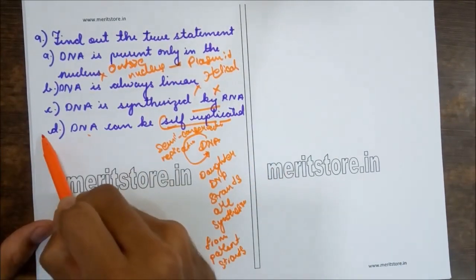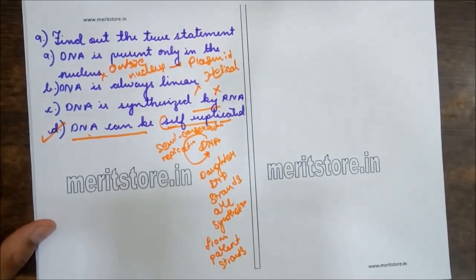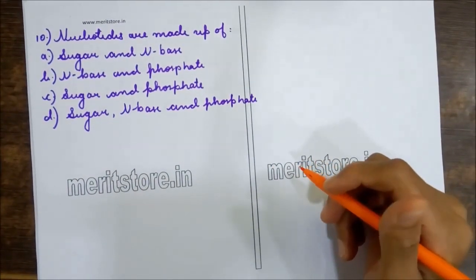So option D is the correct answer. DNA can be self-replicated.